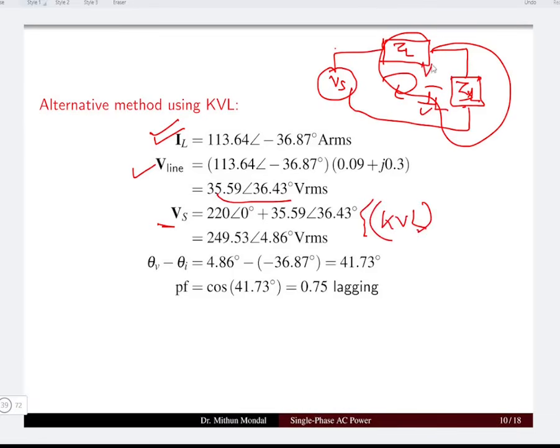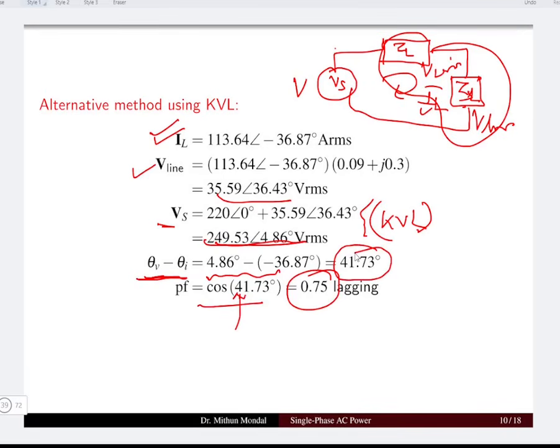So the voltage across the line plus the voltage across the load will be the voltage across the source. The angle between the voltage and the current, which is the power factor angle, we can compute, and hence the power factor will be 0.75, the cosine of 41.73. So we can compute this by this method also, using KVL, or we can get it from the power formula.